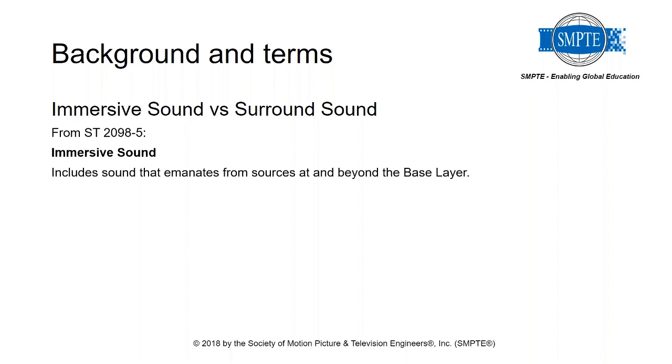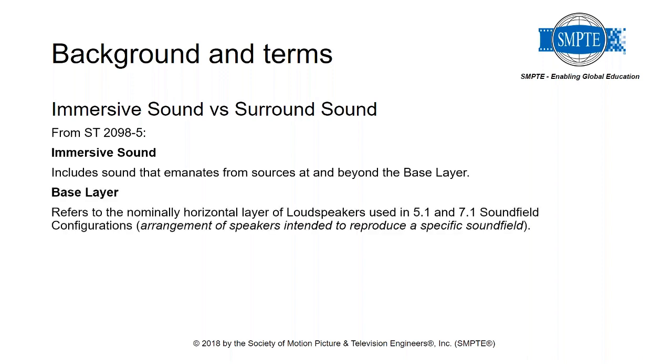Some more background in terms. I thought it'd be worth talking about what immersive sound is, and particularly what's the difference between that and surround sound, which some of you might be familiar with. It's actually fairly simple, from ST2098-5. Immersive sound includes sound that emanates from sources at or beyond the base layer. What's the base layer?